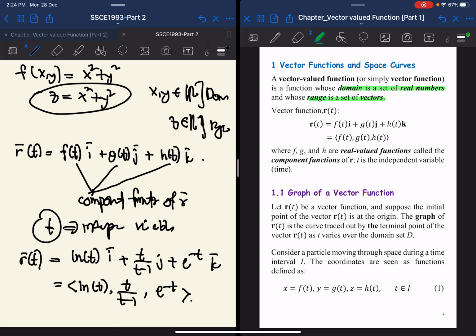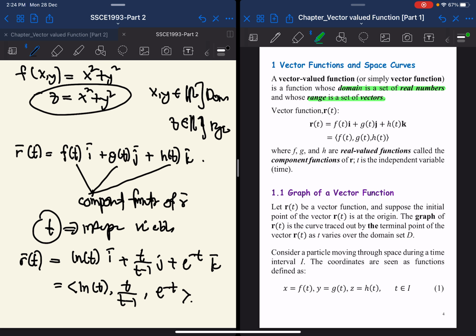Based on this function, this one is x, this one is y, and this one is z, right? Based on the component x, the values of t should be greater than 0 because we have ln here.